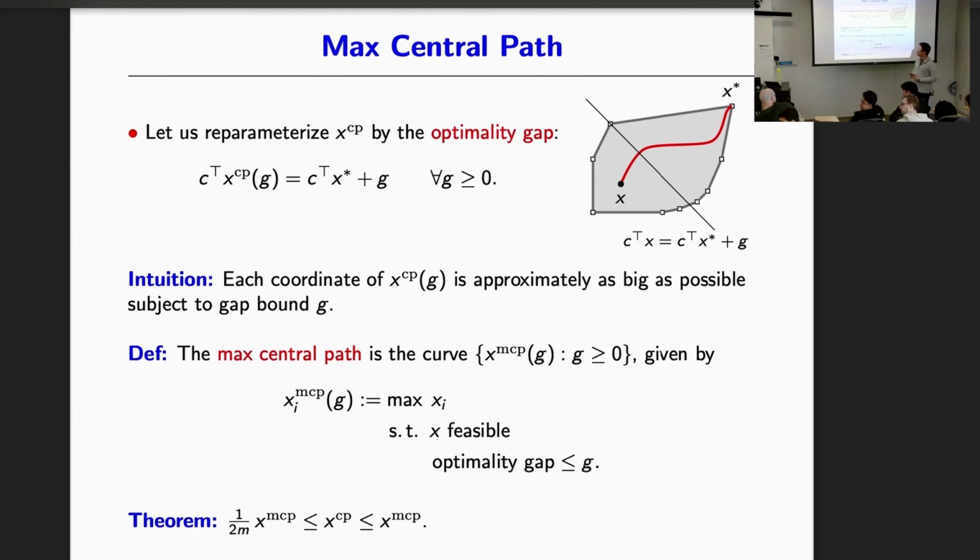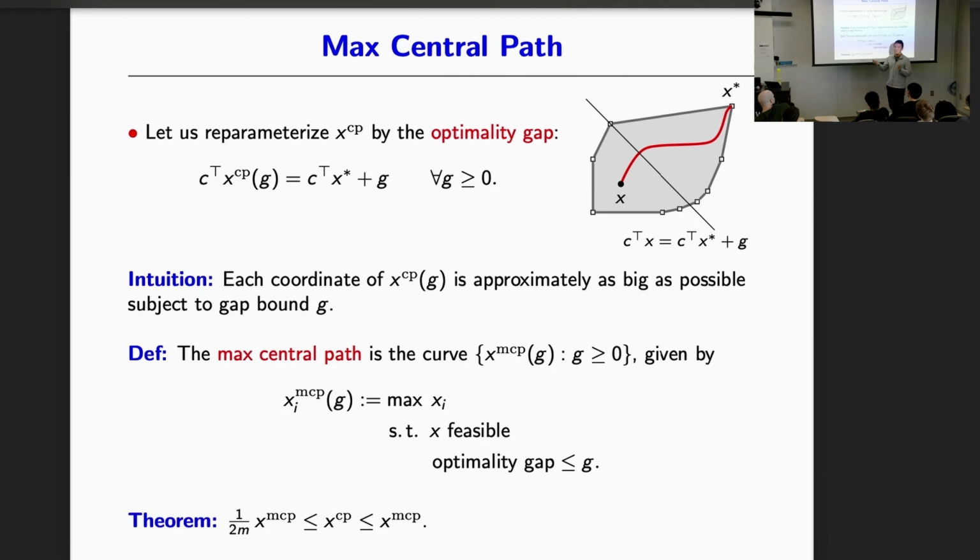X is a vector, right? X is a vector, yes. Is x_CP a vector? x_CP is also a vector, yes. So how am I reading that inequality chain at the bottom? It's a bunch of vectors that are bigger than other vectors? This one? Yeah, this is coordinate-wise. So it's saying that on every coordinate, the central path is sandwiched between the max central path and the scaled down version of the max central path.